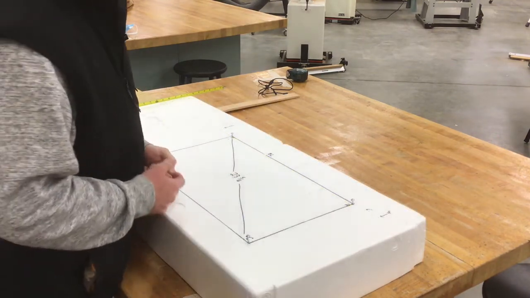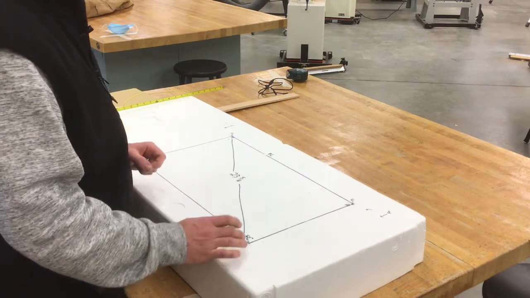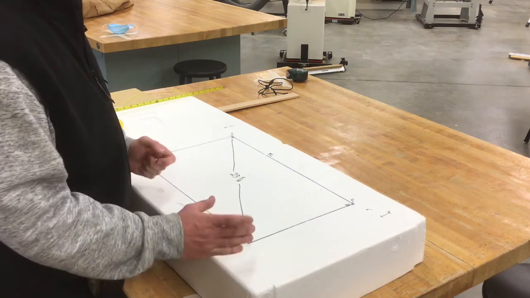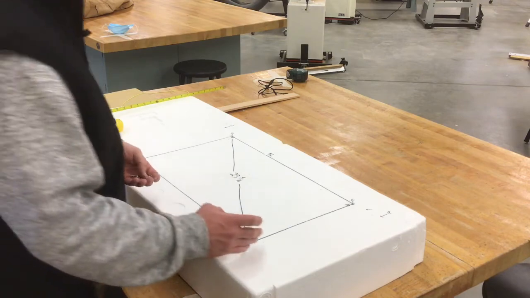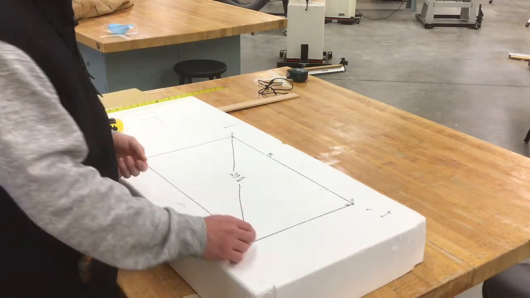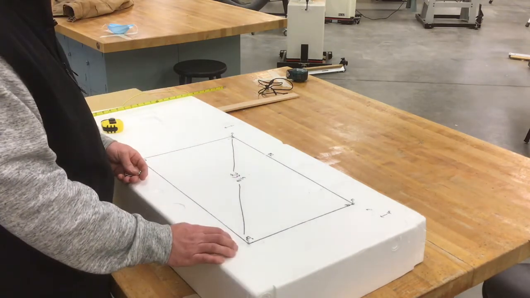One detail that we will have to do that is going to be very difficult to demonstrate here in this example, so we'll just link a different video for you to watch, is to establish a batter board. So right now I have my pins at each of the four corners.